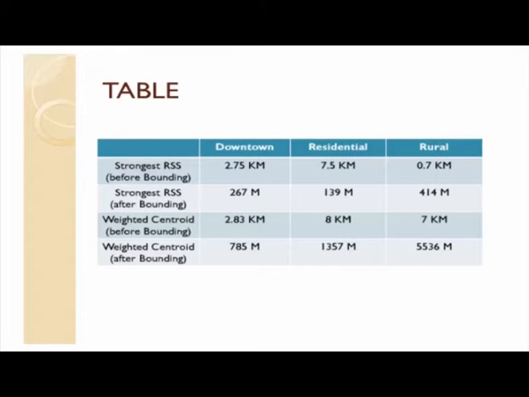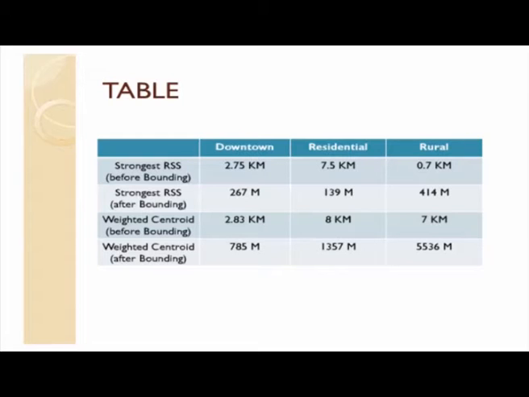Previously it was coming in kilometers. So you can understand that 7.5 kilometers is almost ridiculous, like somebody saying I am at Delhi railway station and the result showing that he is at Delhi airport.